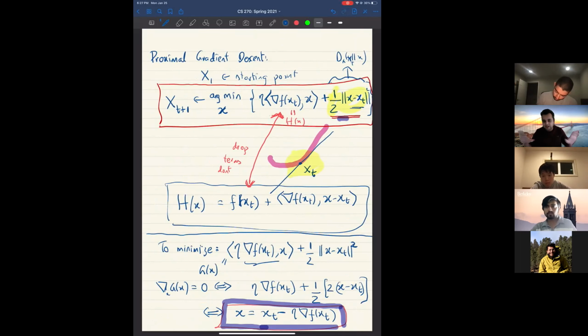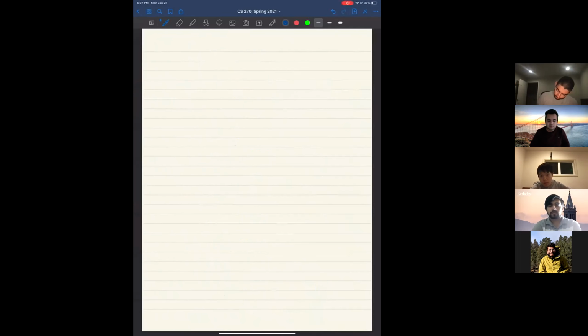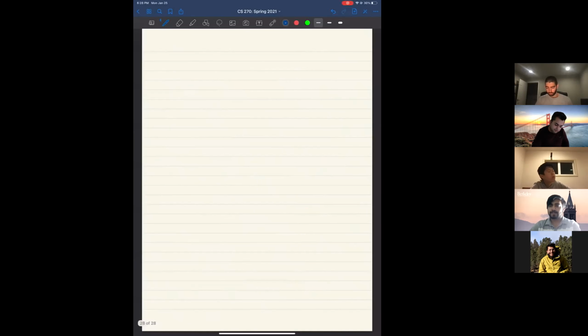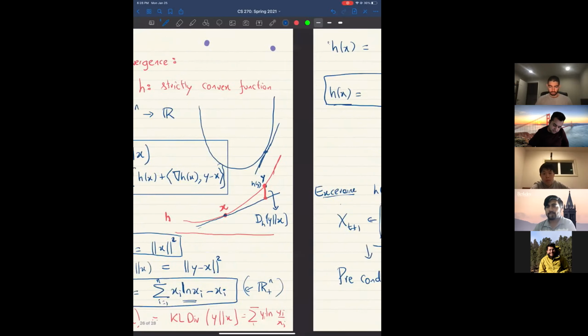For vanilla gradient descent in Euclidean space, the geometry is given by this thing. You can be super aggressive and say the following: I don't know what this domain is, so at every point I will look at the function and choose the geometry. That could be an algorithm. That corresponds to using a regularizer which depends on the function.